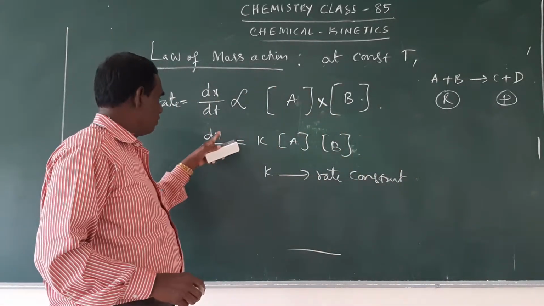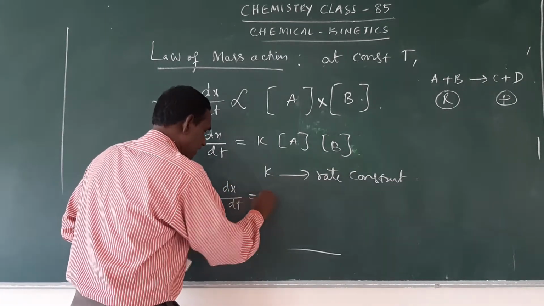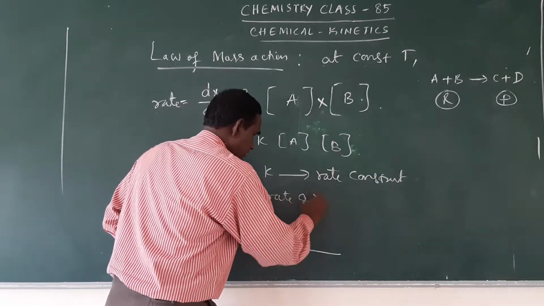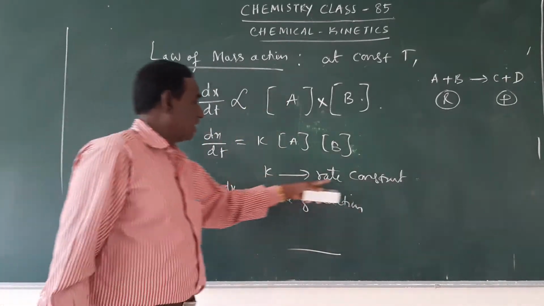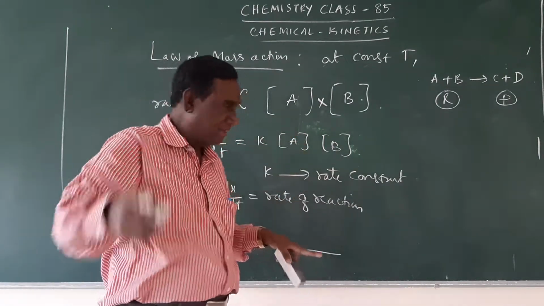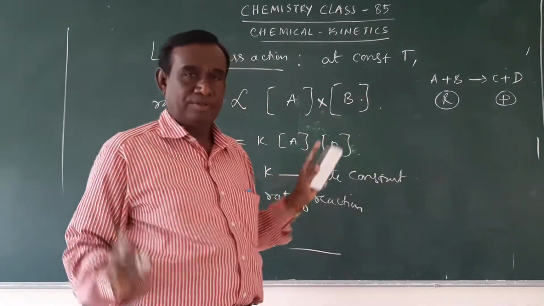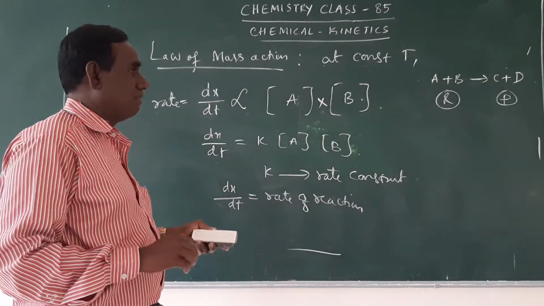Dx by dt is nothing but the rate of reaction, of any reaction. K is called the rate constant, [A] is the concentration of the reactant A, and [B] is the concentration of the reactant B. This is how we can express the definition of the law of mass action.